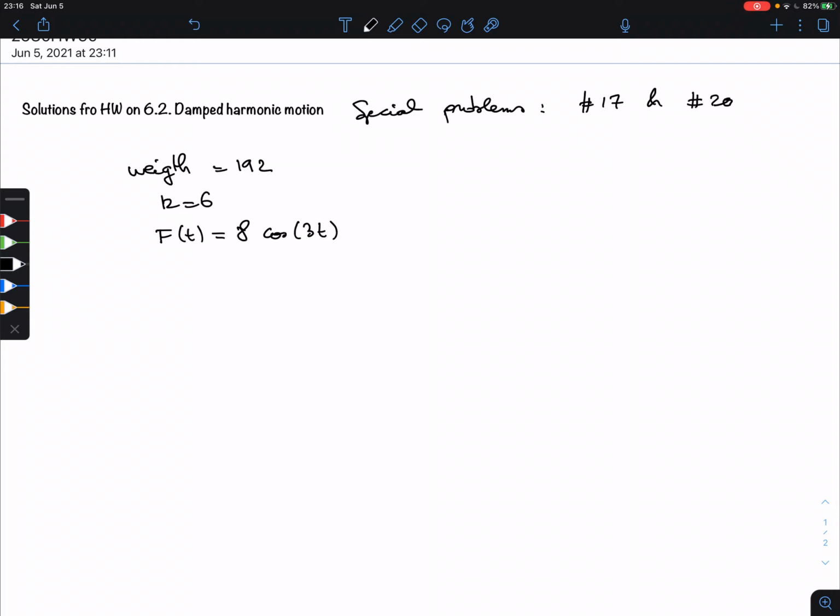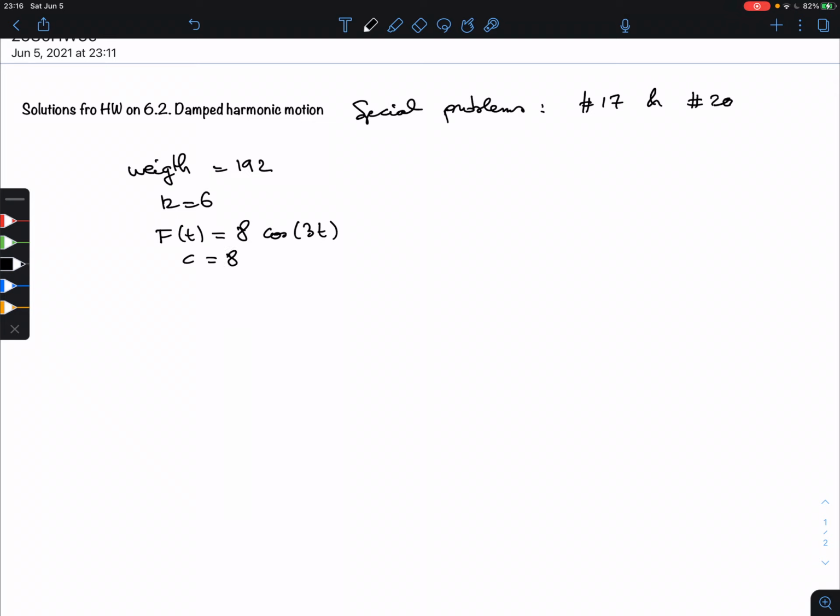The medium resists the motion with a force equal to 8 times the speed. I hope that the way it was posed is clear. The damping is just that 8.